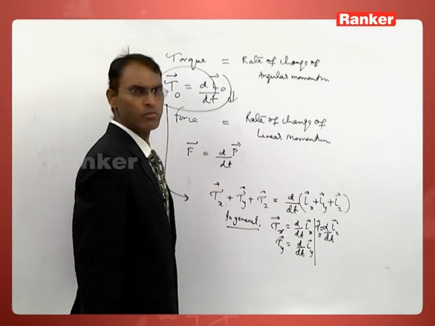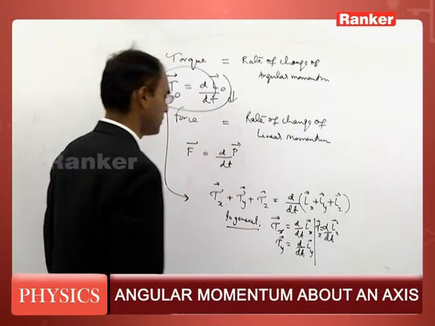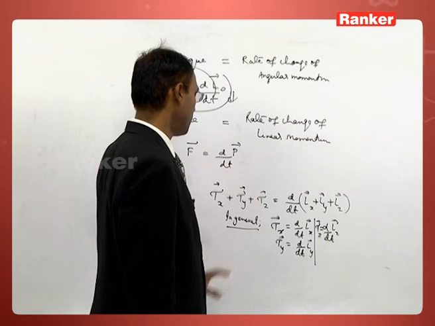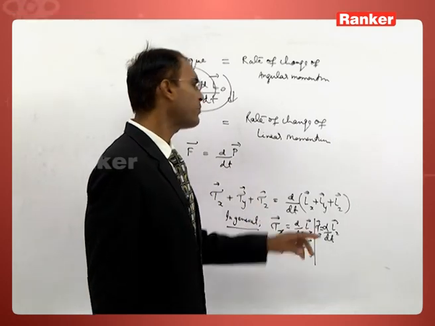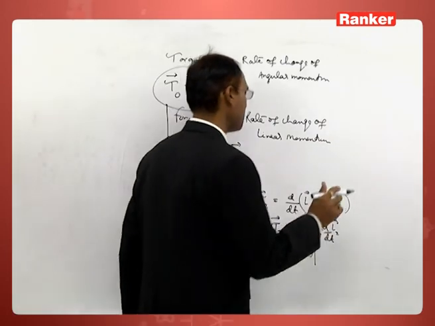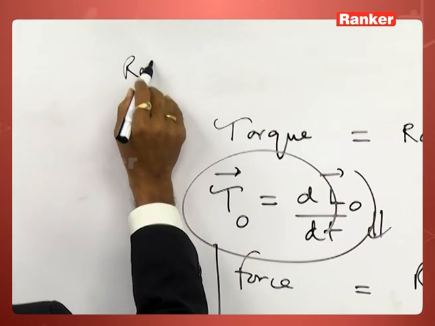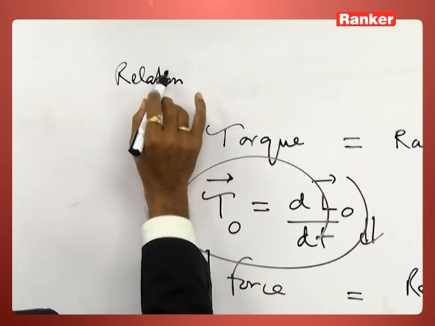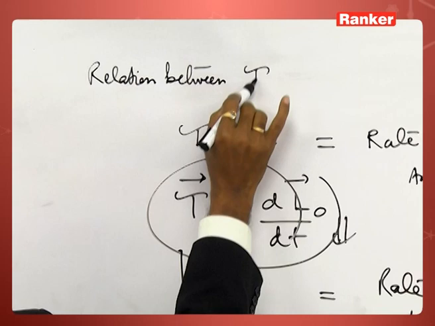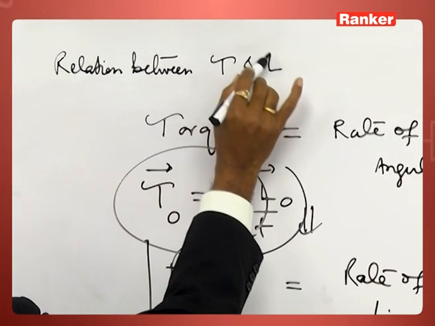This is a general view. However, through some examples, we can clear it, and some finer points we need to deduce by taking some suitable examples. So, here the context is a relation between torque and angular momentum.